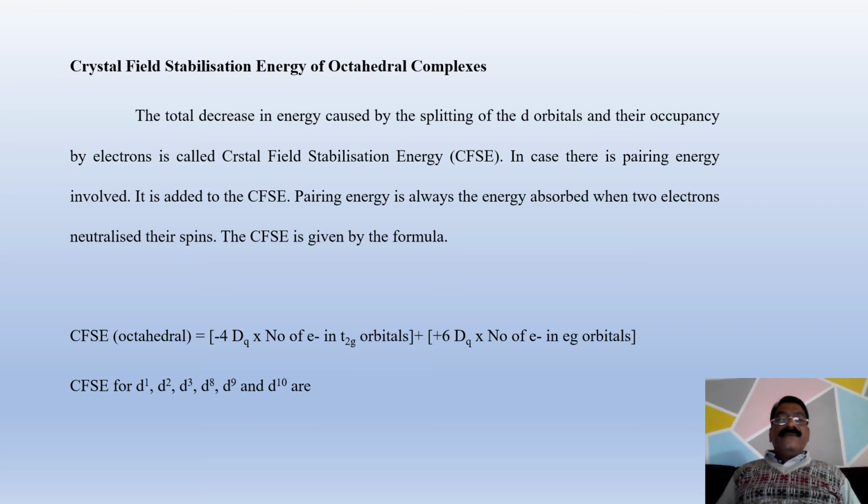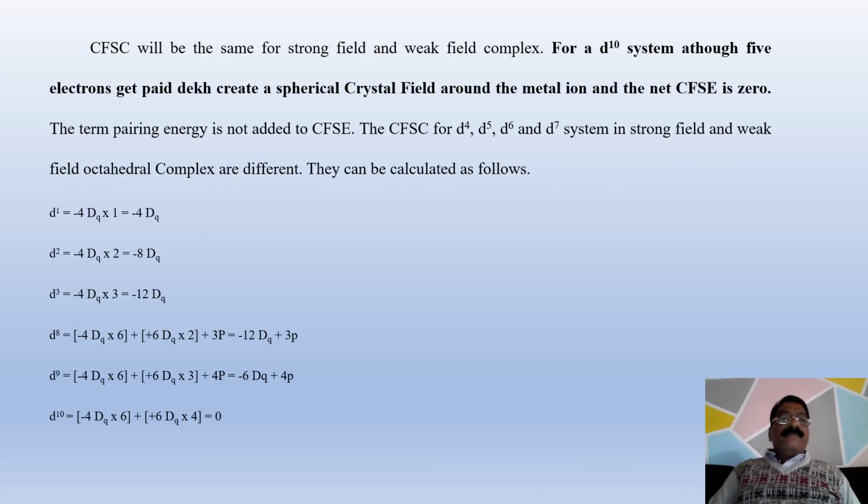CFSE is given by the formula CFSE is equal to minus 4 Dq times the number of electrons in t2g orbitals plus 6 Dq times the number of electrons in eg orbitals. CFSE for d1, d2, d3, d8, d9 and d10 systems are the same.